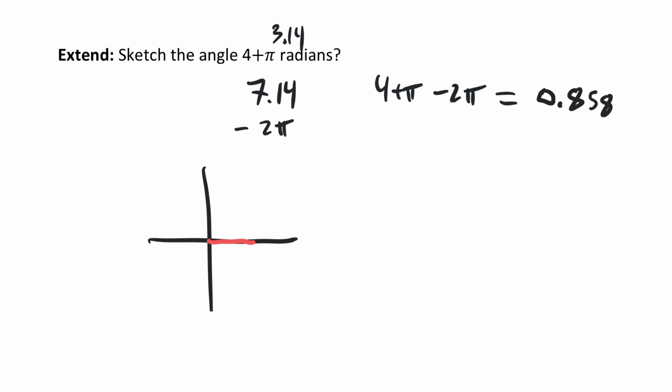Well, again, where is 0.58? It's kind of strange. And you could convert to degrees, but if we remember, this is about 1.57, and this is 0. So 0.58 is probably about halfway. Sketch it right there. Show the 1 revolution, and then go straight to your answer. There's 4 plus pi radians.